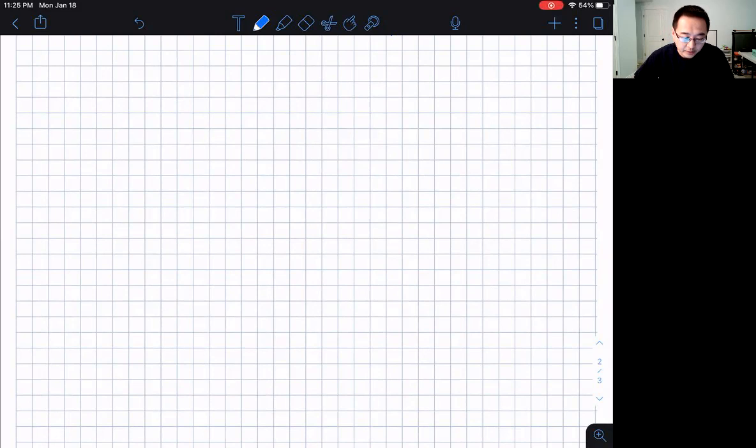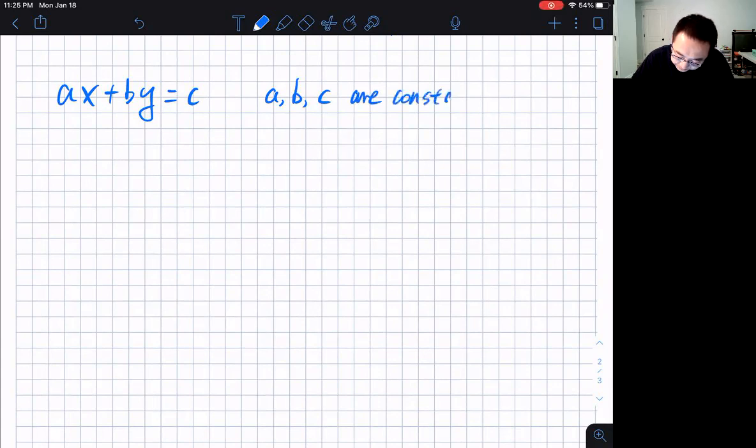So first of all, when you have a linear equation in two variables, okay, the very general form is ax plus by equals c, where a, b, and c are constants, and a and b are not both 0, right?